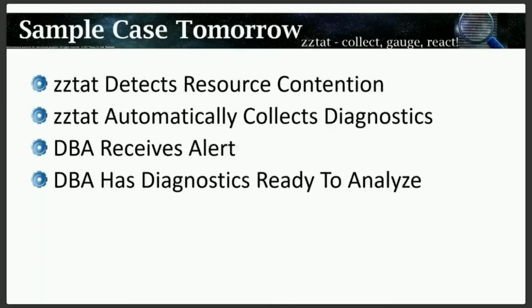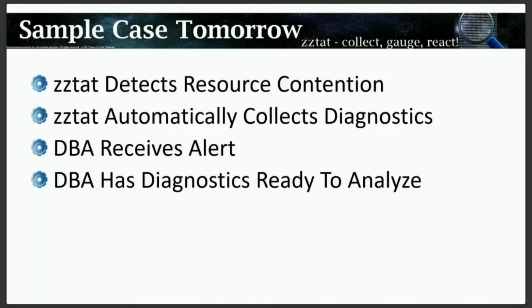So with the framework, when we detect a resource contention, it automatically collects diagnostics. Right now we have two different types of contentions that we support advanced diagnostics collection for. That's latching and mutexes.